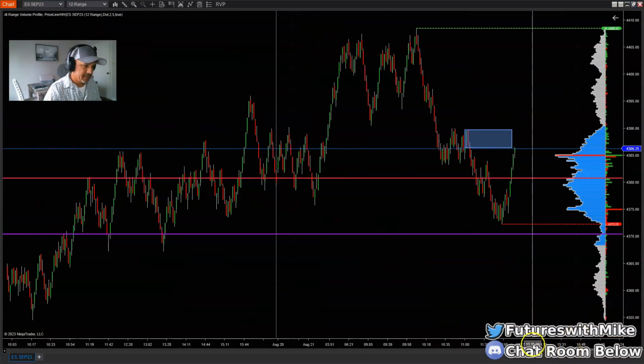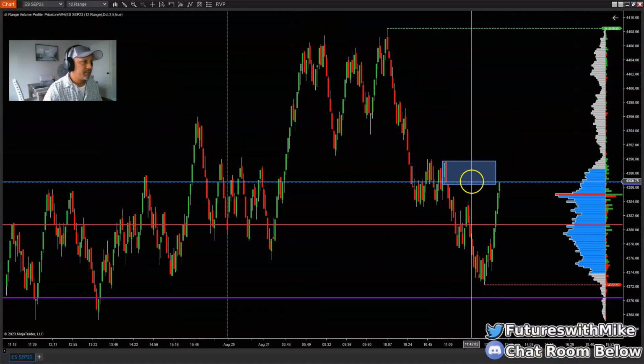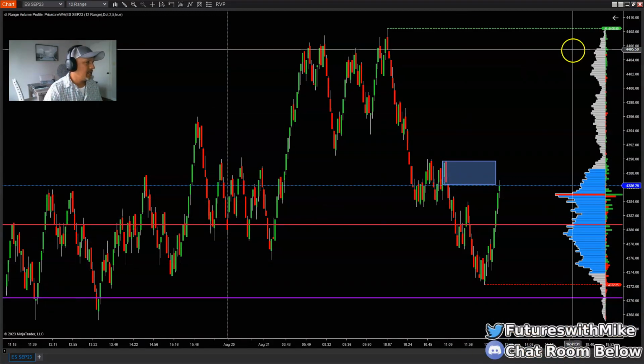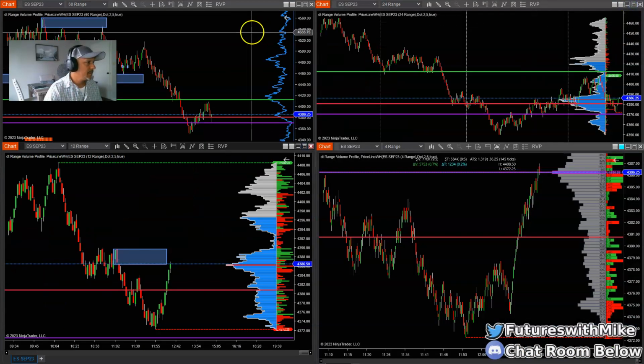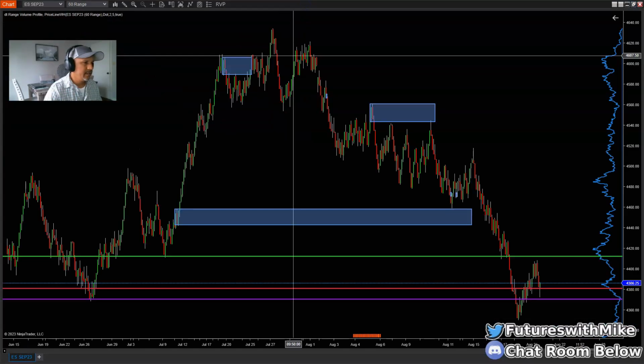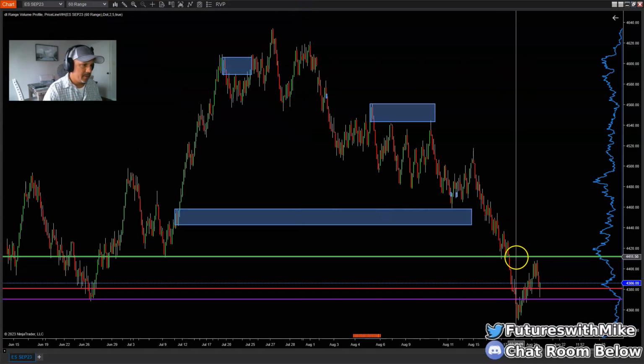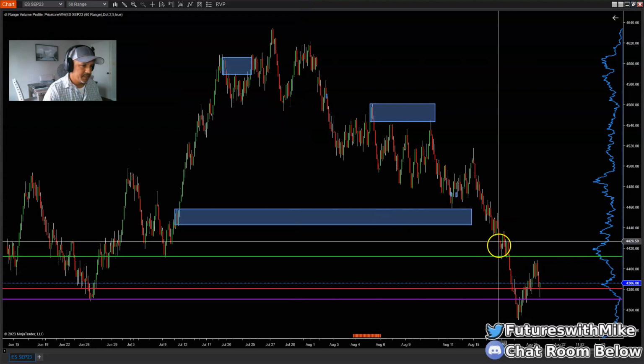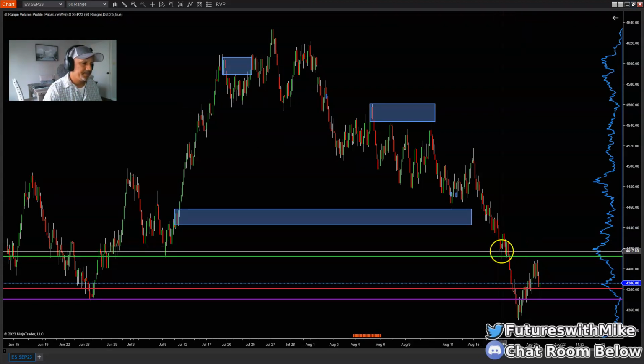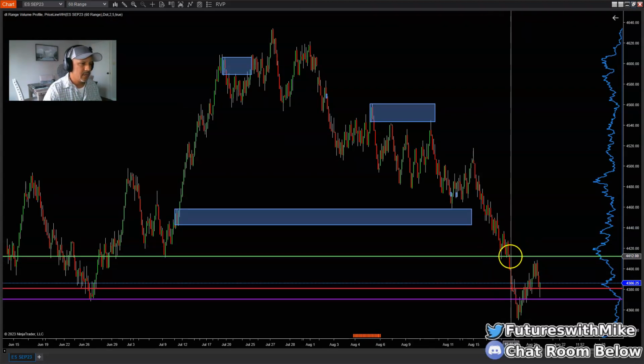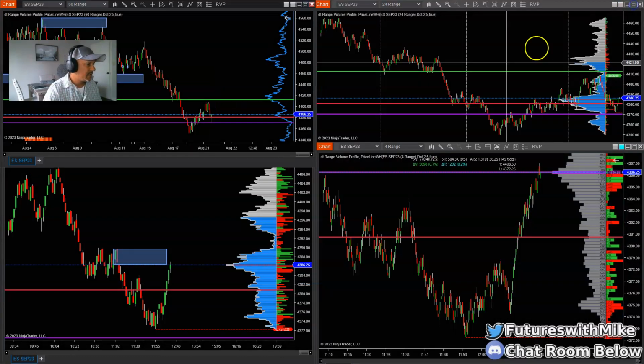It's like we're tapping into an area of supply here off the ES. And there's a supply area right here on the 60 range chart.